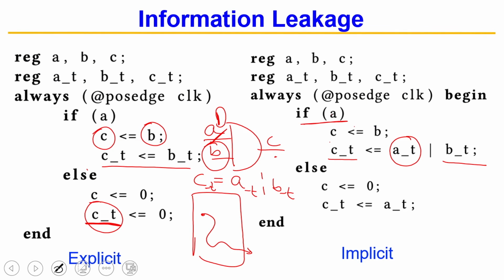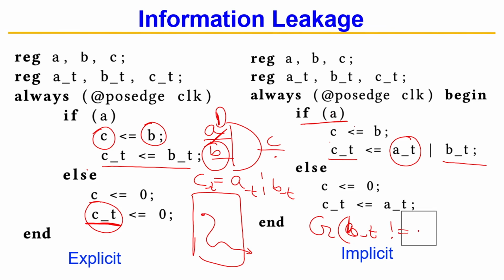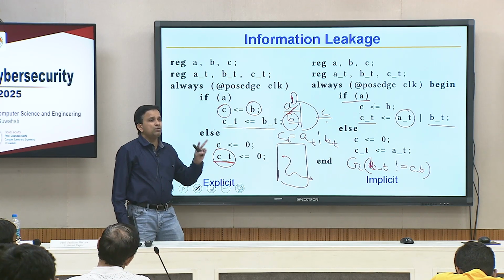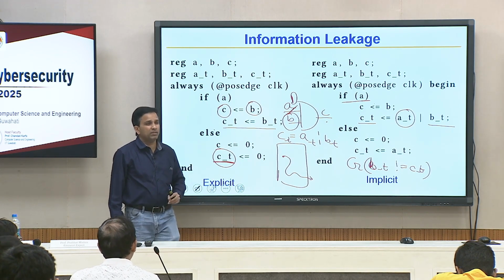So, that is why formal verification people basically figure out the always property, let us say, A, B underscore T not equal to C underscore T. They basically check this property: it does not matter how many possible paths there are, these two tags should never be the same, they should not track each other.